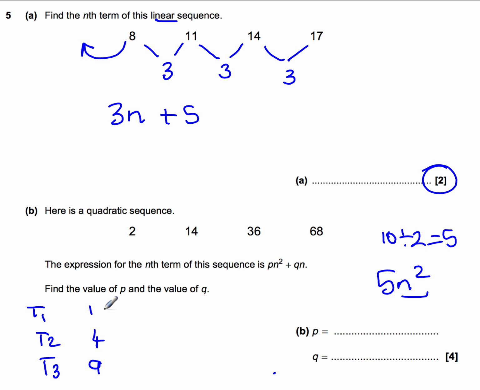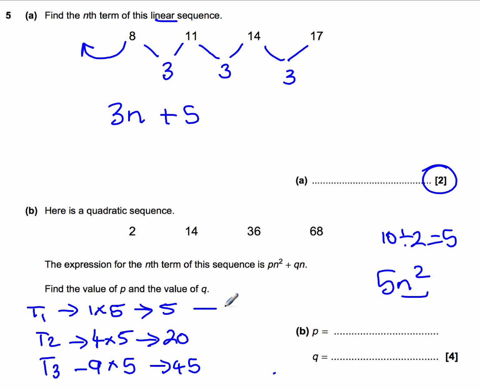Then I'm going to times by 5. So that's what that part of the formula is telling me to do. So I times by 5 each of them. And that brings me to 5. And the next one brings me to 20. And the next one brings me to 45.